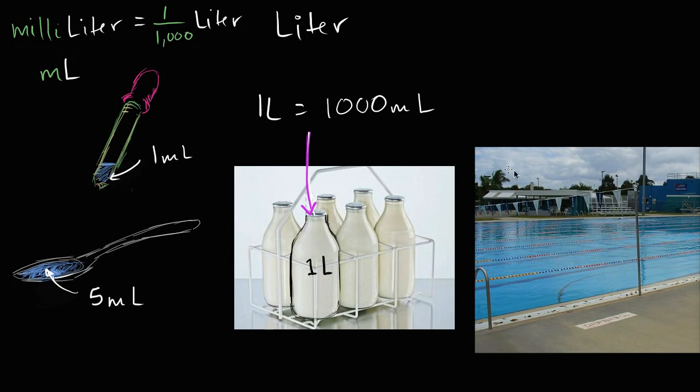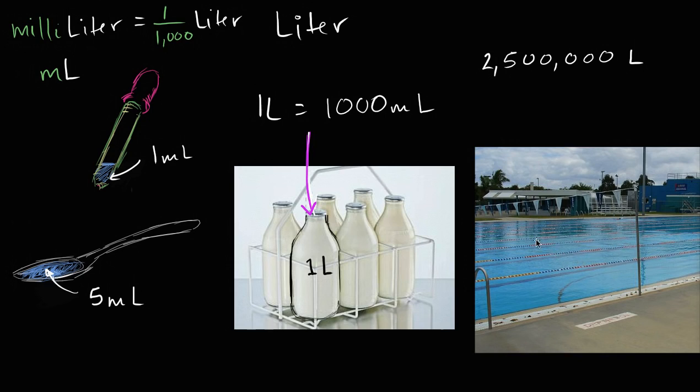Well, actually, a swimming pool like this, if it is 25 meters wide and 50 meters long and 2 meters deep, would have a fluid volume, are you ready for this, of 2.5 million liters. So if you filled this up with milk, you could use that milk to fill up 2.5 million of these bottles. That's just an appreciation for how much fluid it would take to fill up at least a big swimming pool like this, an Olympic-sized swimming pool.